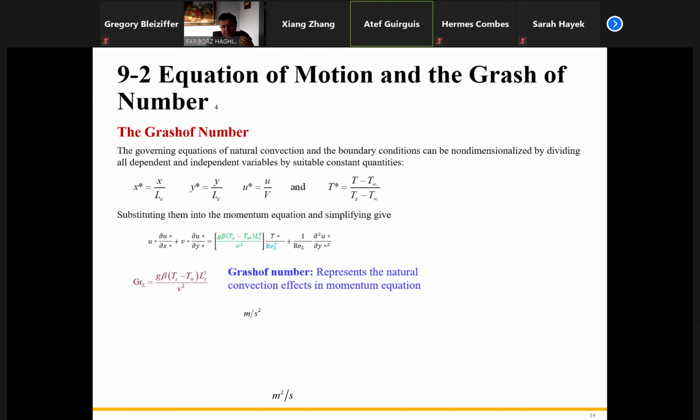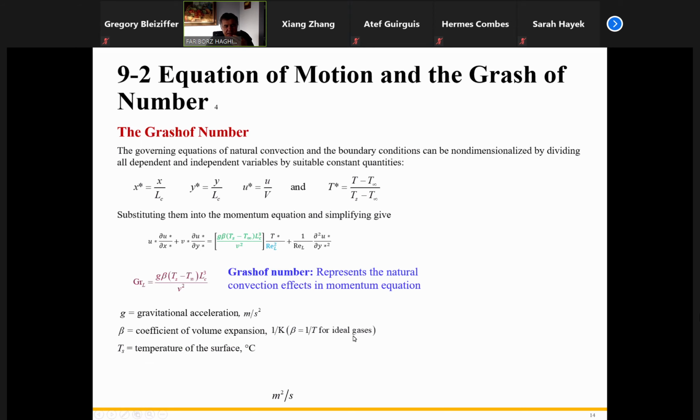Beta is the expansion coefficient, which is 1 over T for an ideal gas. And here is Ts minus T infinity.